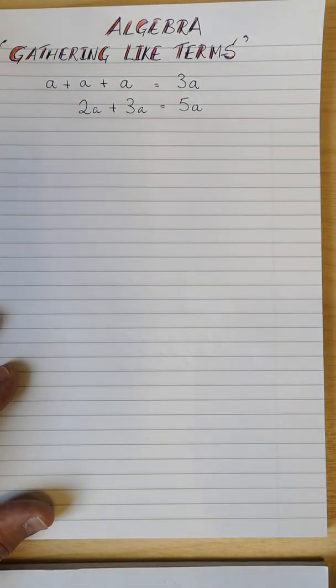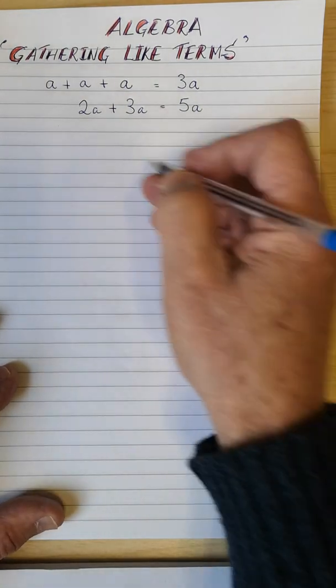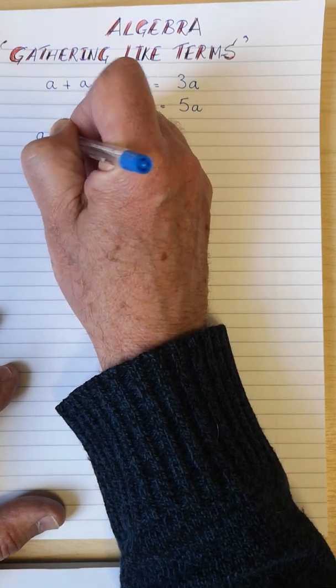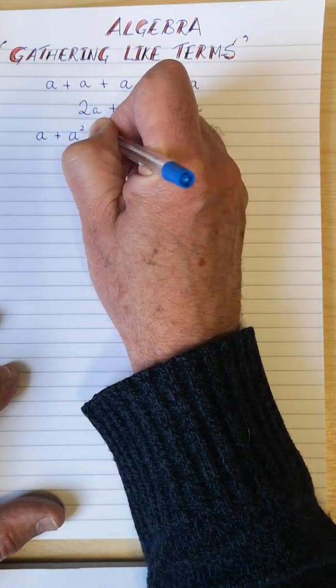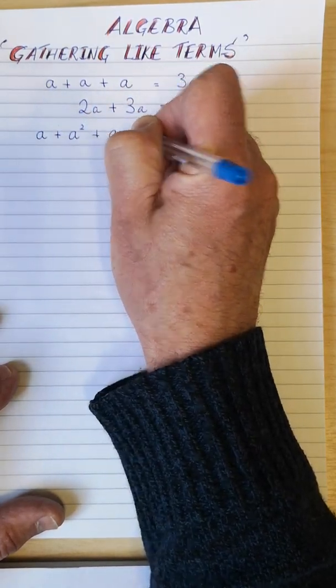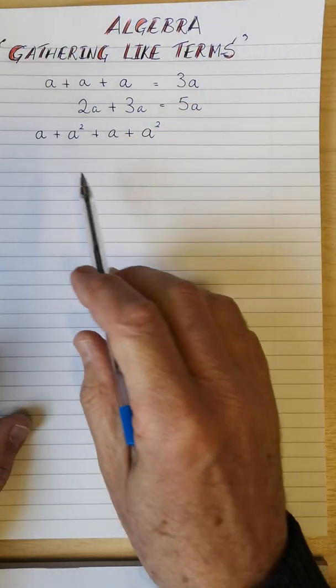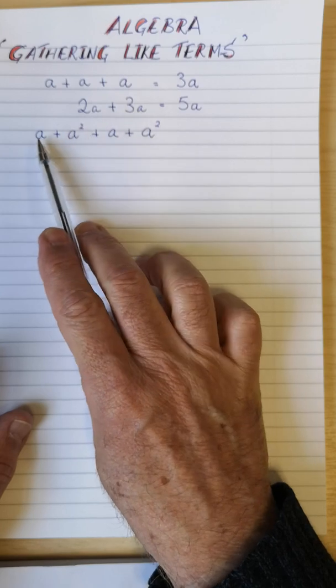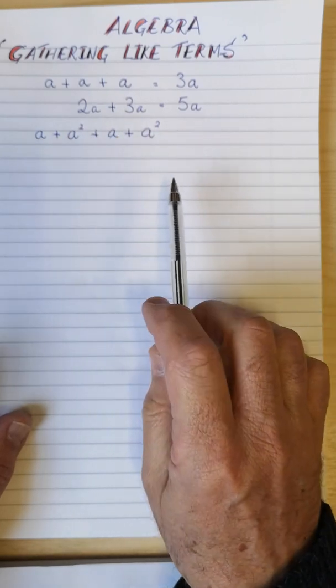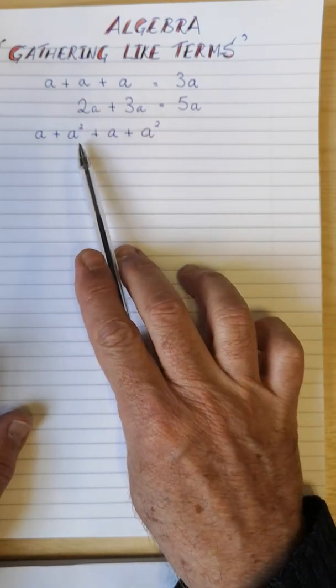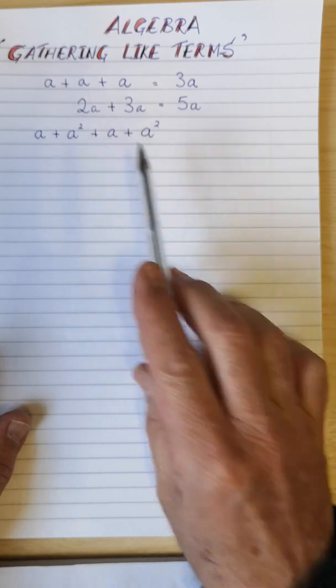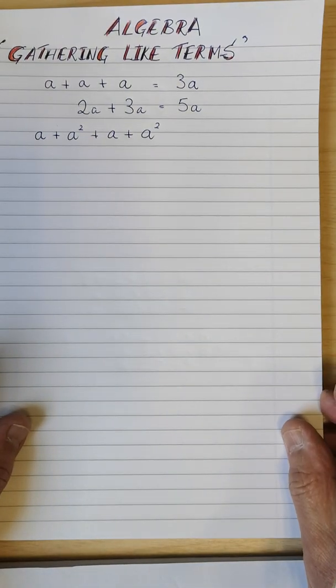Okay. Now, it gets a little bit more tricky when it comes to, hey, but what if A plus A squared plus A plus A squared? Now, some of you may say to me, oh, well, I've got 1, 2, 3, 4 lots of A's. Do I? Is the A and the A squared the same thing?